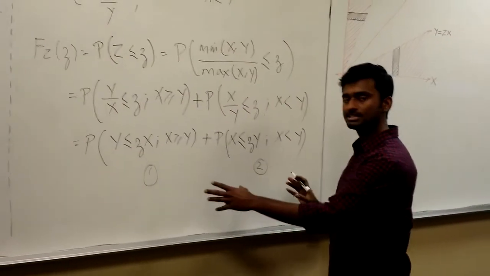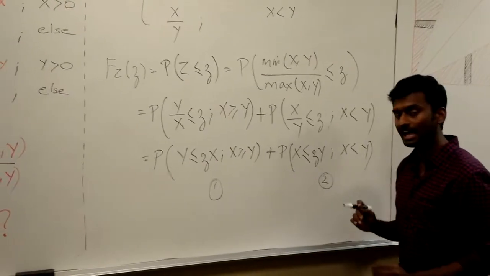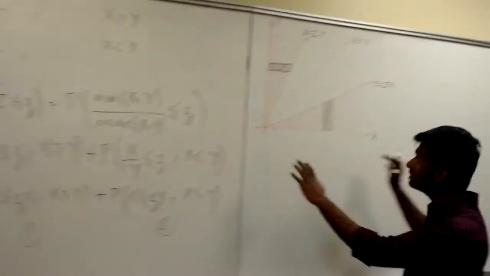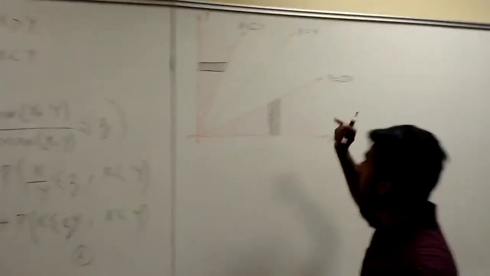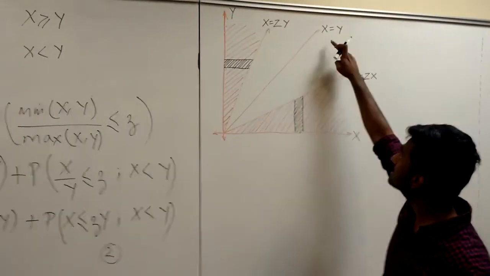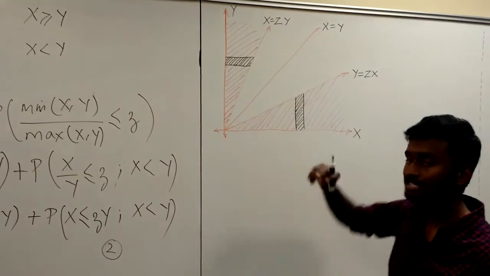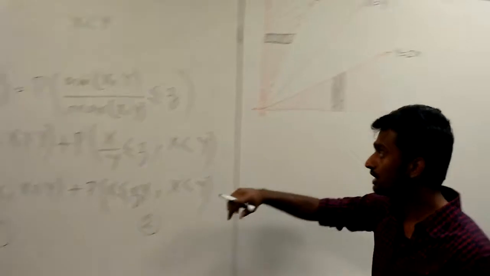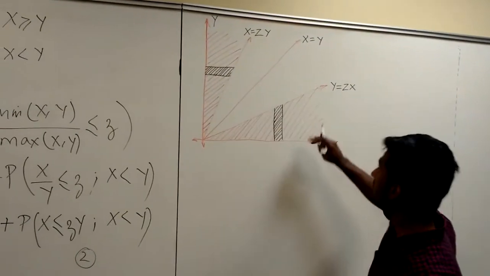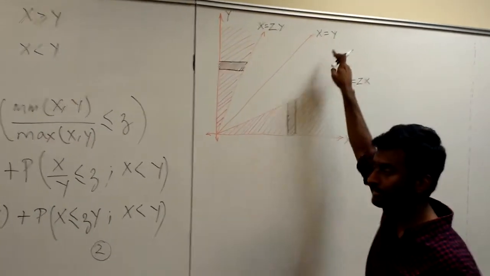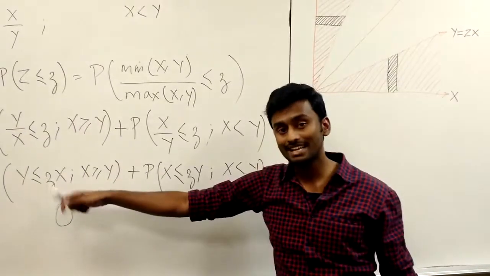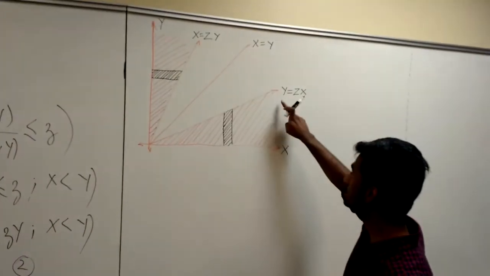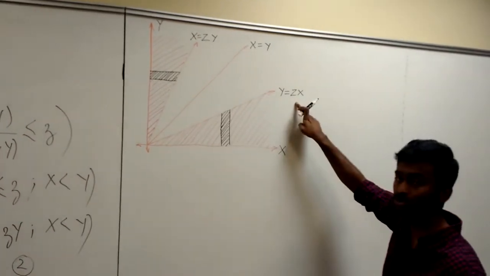We need to plot both these cases on an x and y graph. I have taken the liberty of drawing the x and y graph in advance. So on our xy axis, we plot the line where x is equal to y. Now let's start off with the first condition, where x is greater than or equal to y, which will lie in the region below the line x equals y, and where y is less than or equal to zx, it will lie in the shaded region below the line y equals zx.